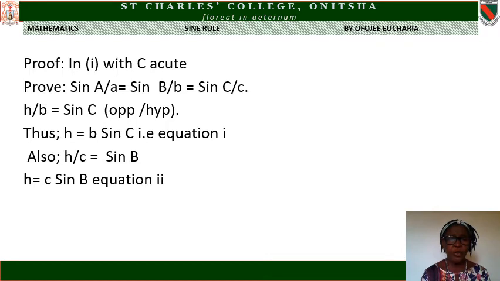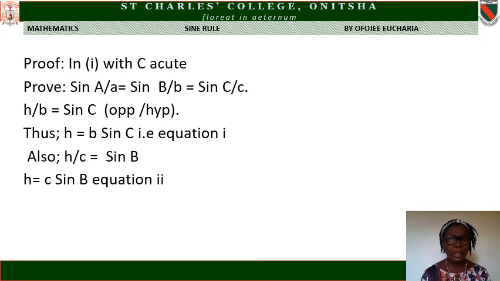Now, if we get to the angle at C, which is still acute, and we want to find h, it is sine that we use, because h is the opposite side and b is the hypotenuse.